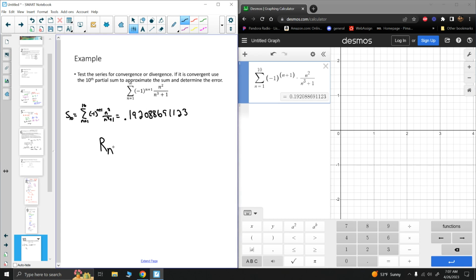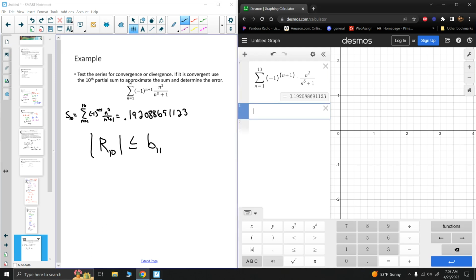Now we need to find the error rate. And again, our remainder is less than or equal to b sub 11 here. So we're just going to plug in 11 into this thing. So 11 squared over 11 cubed plus 1.